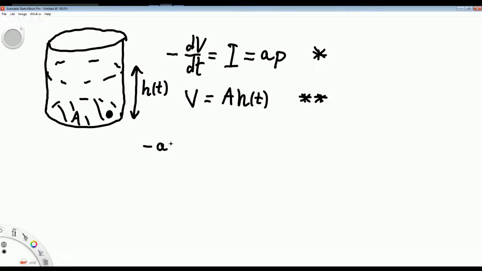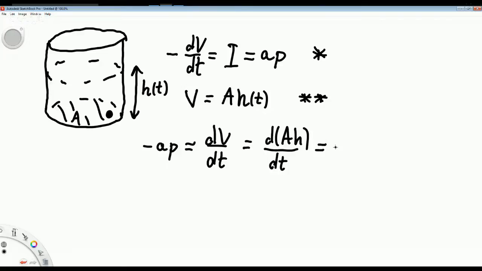So minus AP equals dV by dt. And that equals, well, A is fixed. It's just the cross-sectional area of the cylinder, so that doesn't change with time. When we take the derivative with respect to time of A times H, we can pull the A out, and we end up with A dH by dt.